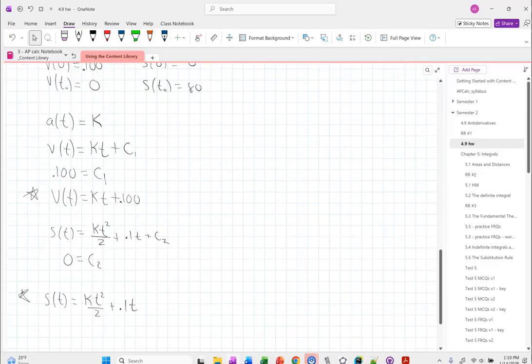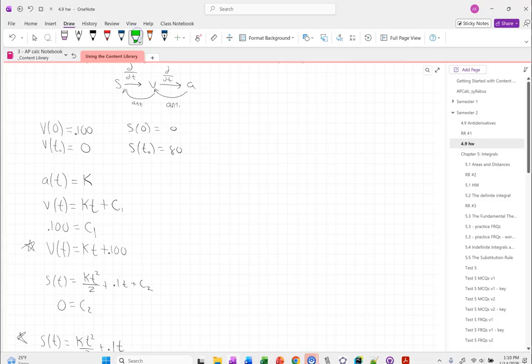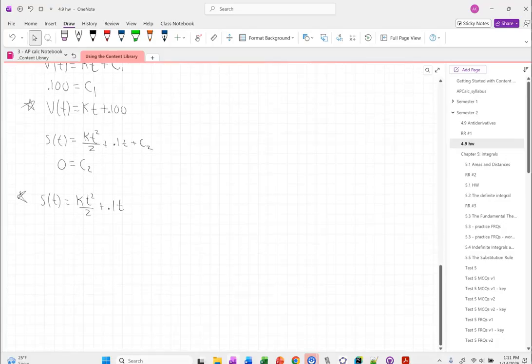Now, notice that the piece of starting information I haven't done anything with are these. I'm going to plug both of those in and create a system of 2 equations that I can use to solve for, in this case, just the k. I don't care about the t naught, how long it takes me to do that stop.